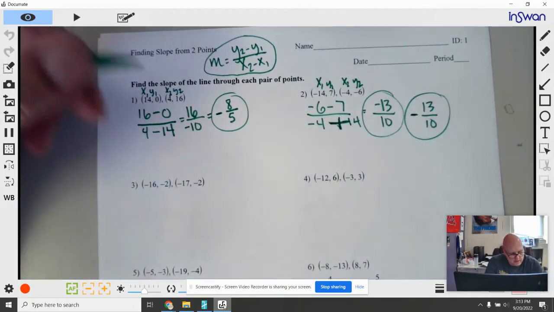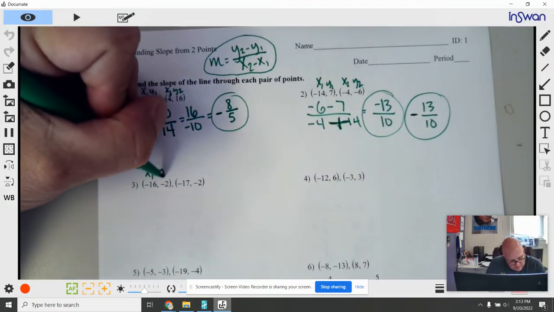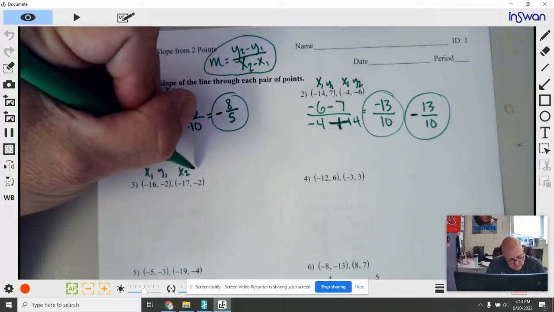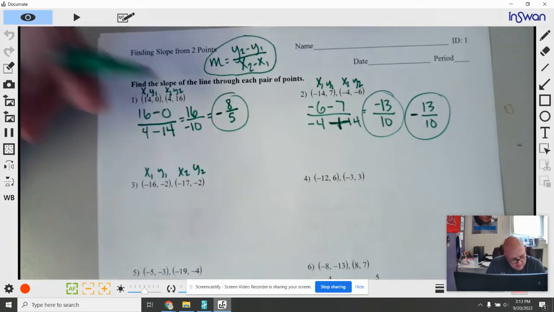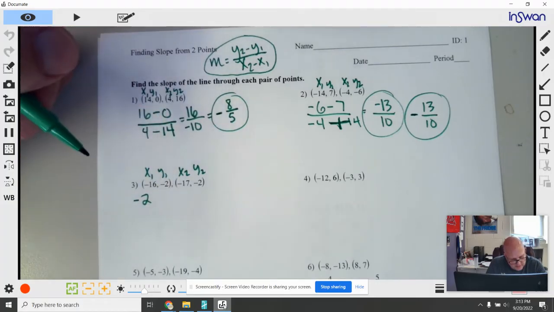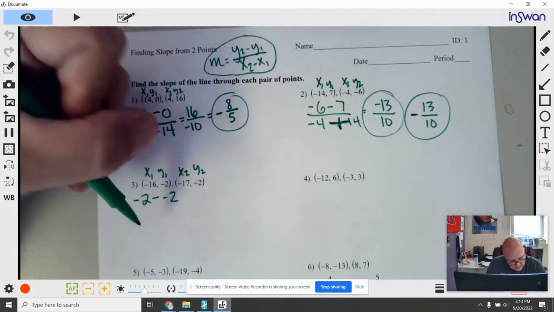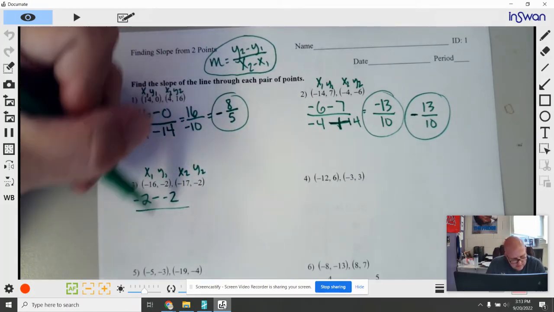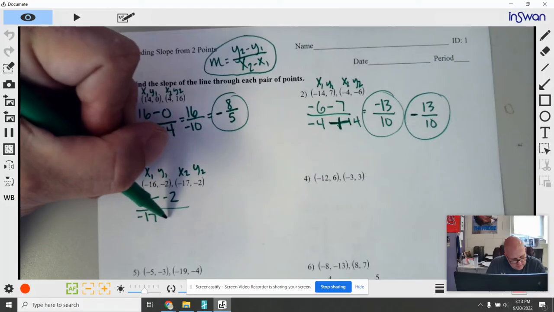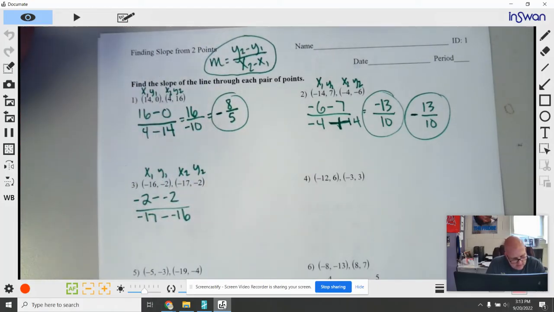Okay, number 3. Start off, label x sub 1, y sub 1, x sub 2, y sub 2. Use the formula. So negative 2 minus y sub 1, again a negative 2, over negative 17 minus x sub 1, a negative 16.